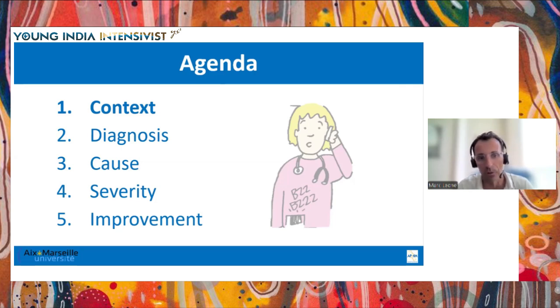If you don't have a good etiology for sepsis, it's very difficult to treat your patient adequately. Clinical examination makes it possible to assess the severity of the disease, and it is also a critical point. At the end, I have a few slides on some clinical improvements we can develop today and in the near future. So let's start with context.